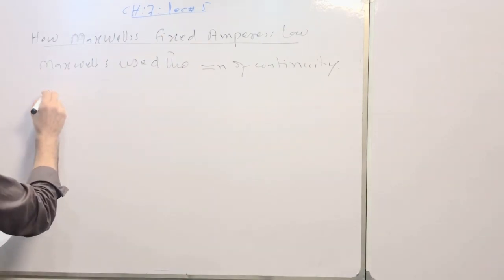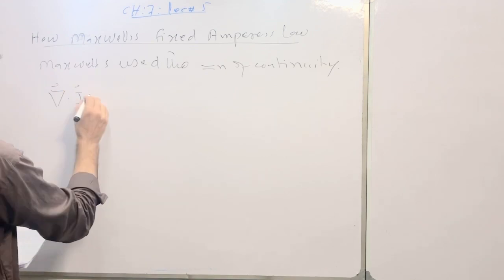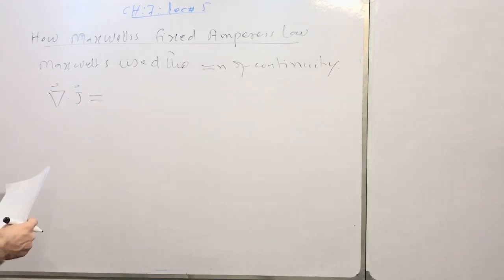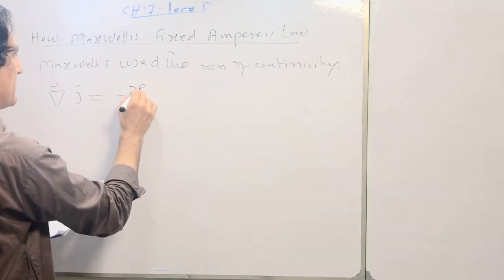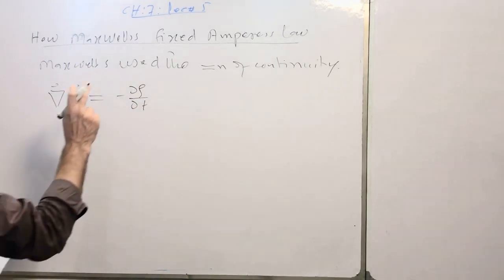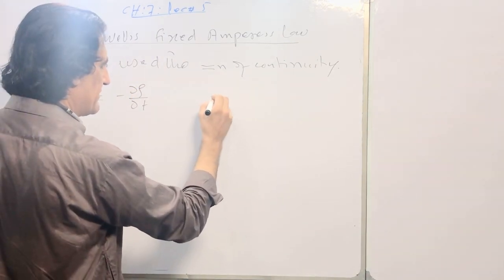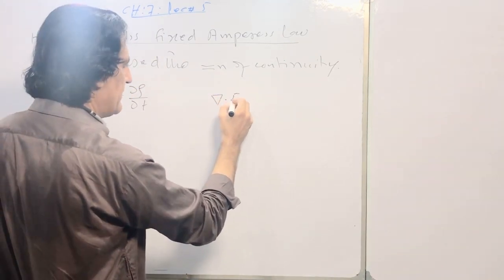The equation of continuity, or the continuity equation, we know that the divergence of J is equal to minus partial rho divided by partial t. And if I find rho, then I can find it from Gauss's law.